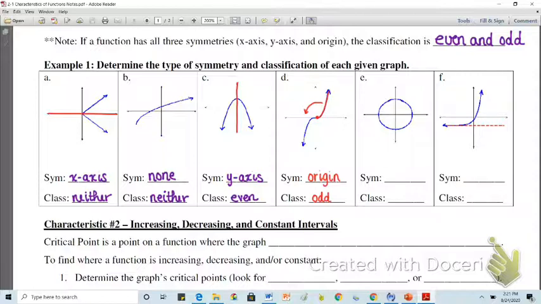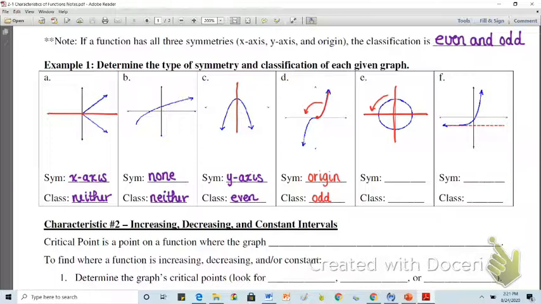E, if I look at this, it has x-axis symmetry. I could fold it in half on that line and it would match. But it also has y-axis symmetry. You can fold it in half on that line and it would match. And finally, it also has symmetry about the origin.